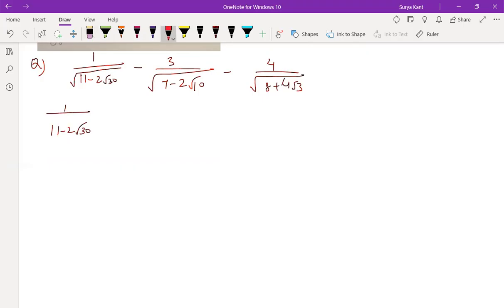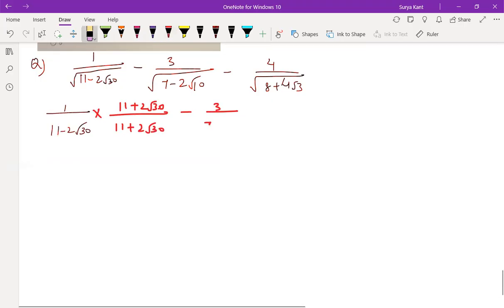So now we can rationalize: multiply by 11 plus 2 root 30 divided by 11 plus 2 root 30. Again minus 3 divided by, same as squaring here also, so this becomes 9. So 9 divided by 7 minus 2 root 10, multiply by 7 plus 2 root 10.